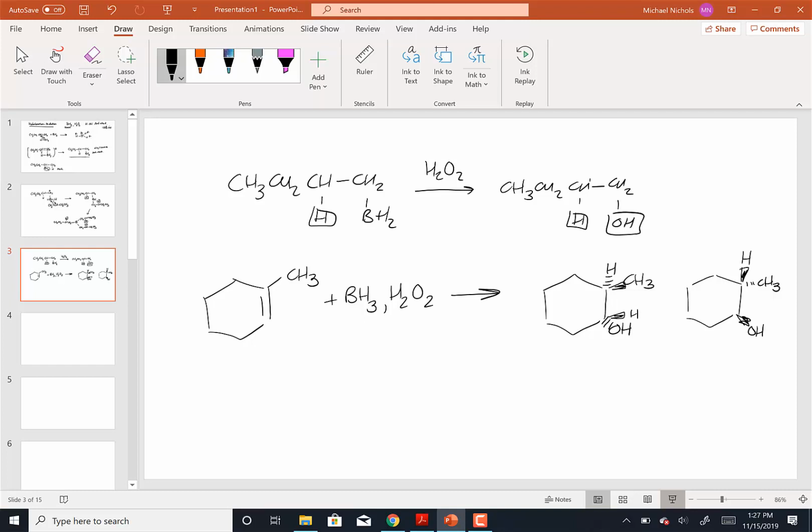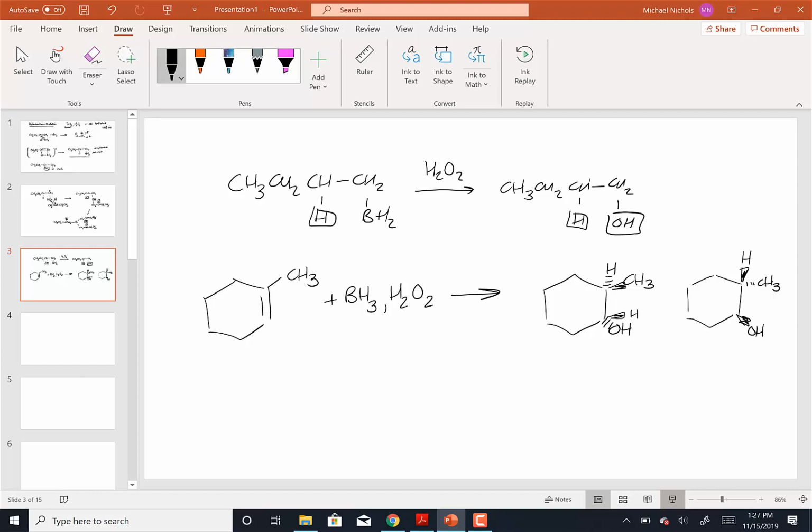So if you're making your table, you now have what? HX, H plus H2O, hydroboration oxidation. Okay. All right. Does that kind of make sense to everybody? Okay, so that's reaction number 1 for today.